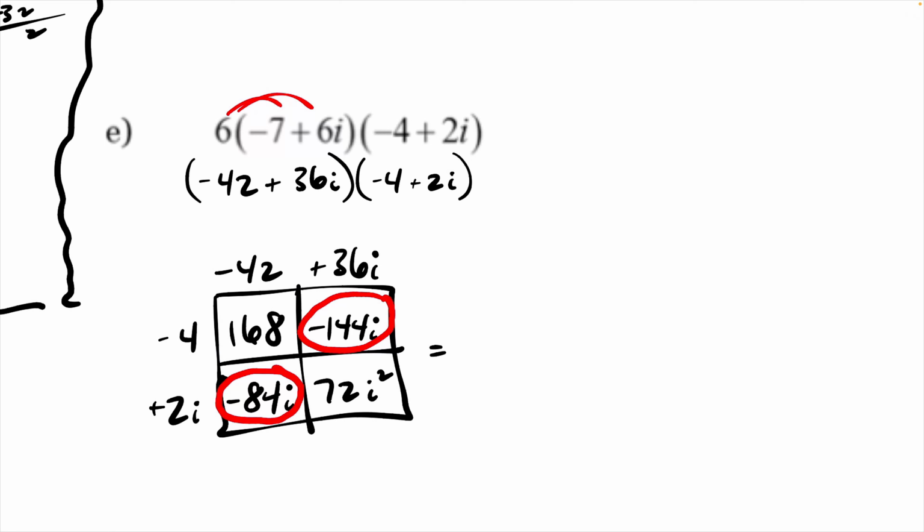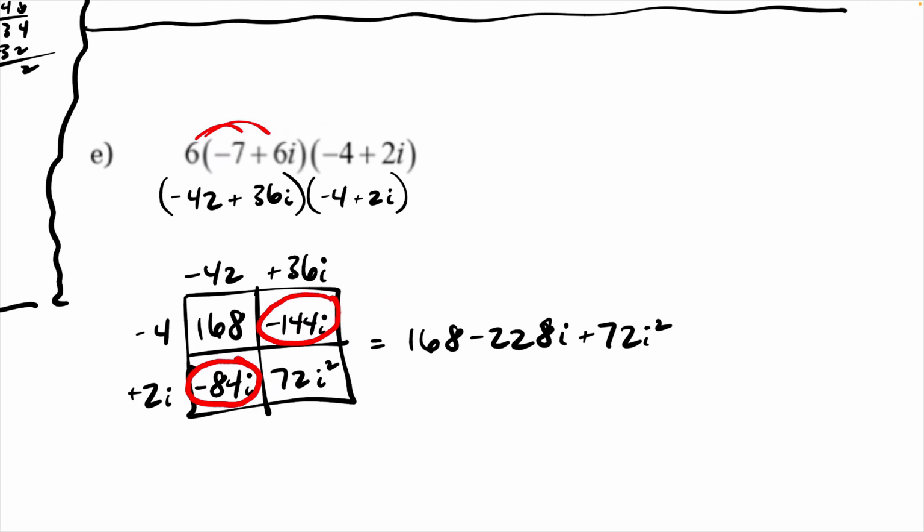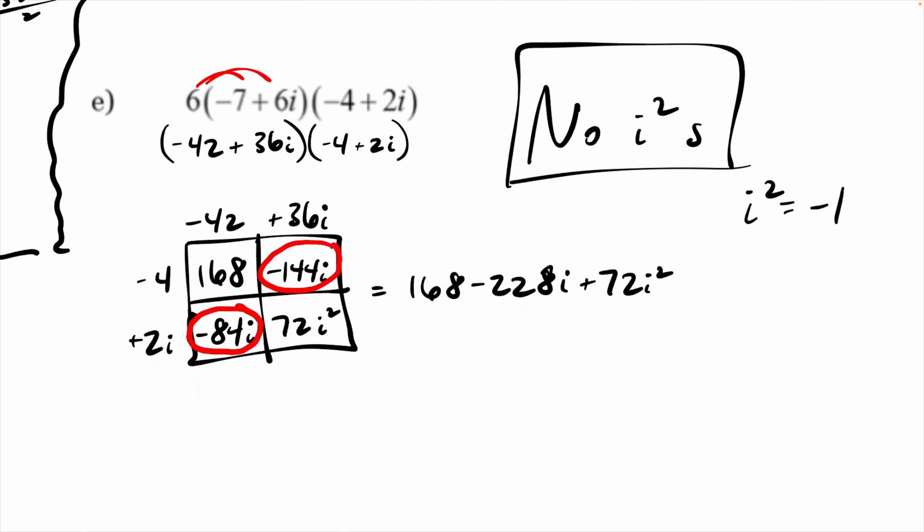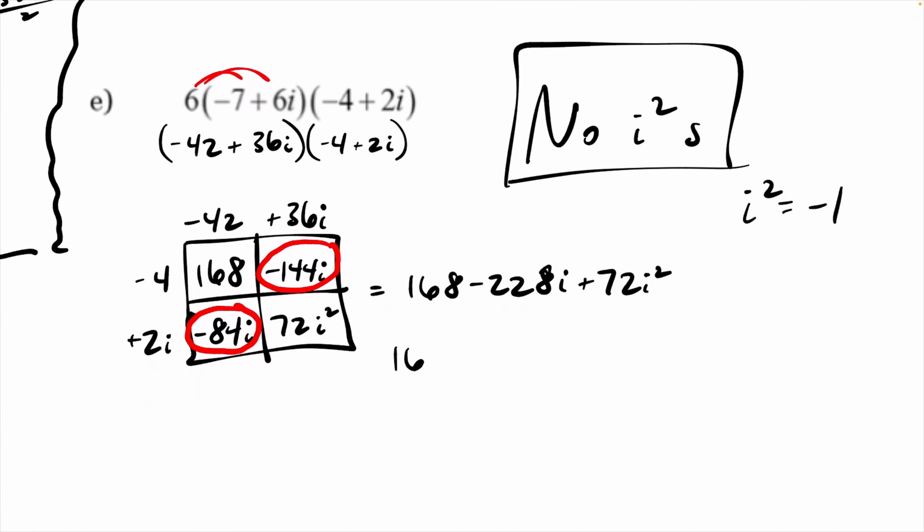Combine like terms. 228i. When I combine them, my answer can't have any i squareds. No i squareds. Well, I know that i squared is equal to -1. That's what it says in my notes. So rewrite it.